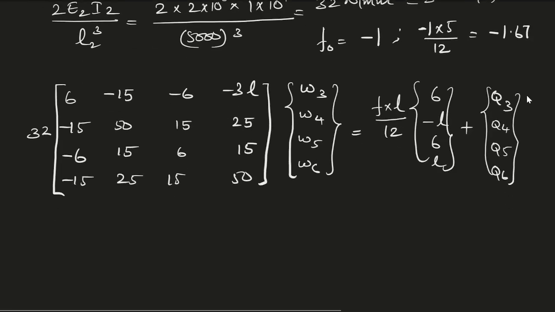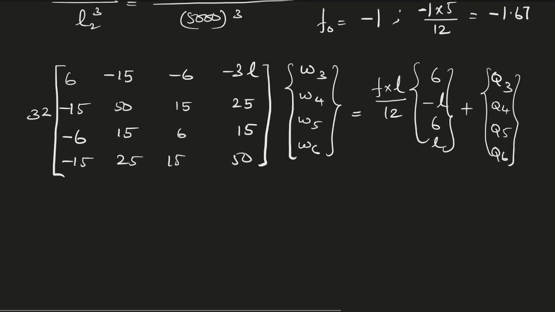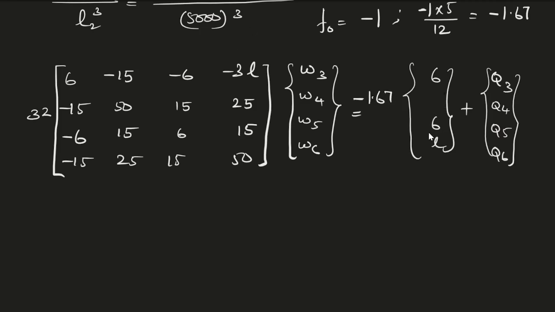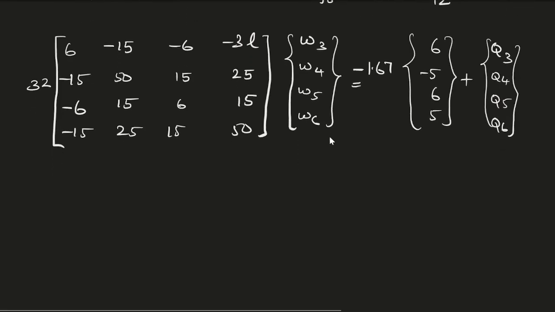So minus 1.67, and inside we have minus L and L, so it will be 5, minus 5 and 5. Now we have to multiply those values.